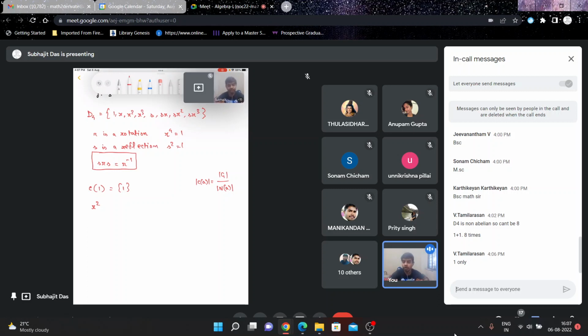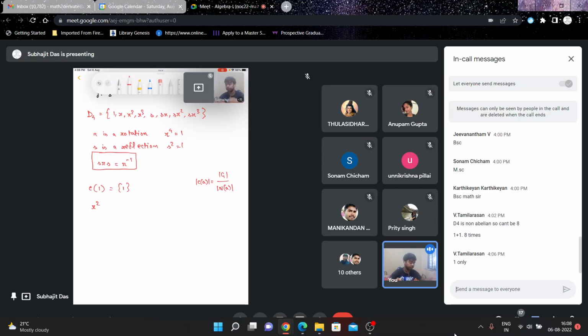Now we clearly saw that the conjugacy class of an element cannot have 8 elements, right? Because if the conjugacy class of one element has 8 elements in it, then that means that the conjugacy class of that element consists of the entire group, right? The conjugacy classes form a partition of the group. So every element has the same conjugacy class consisting of all the elements of the group, right? That is, there is exactly one conjugacy class, but that is impossible, right? So the order of the conjugacy class of A cannot be 8.